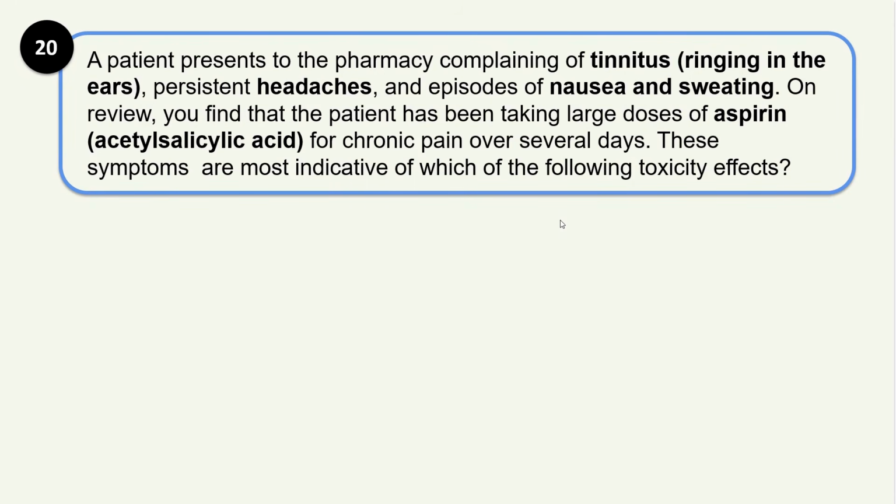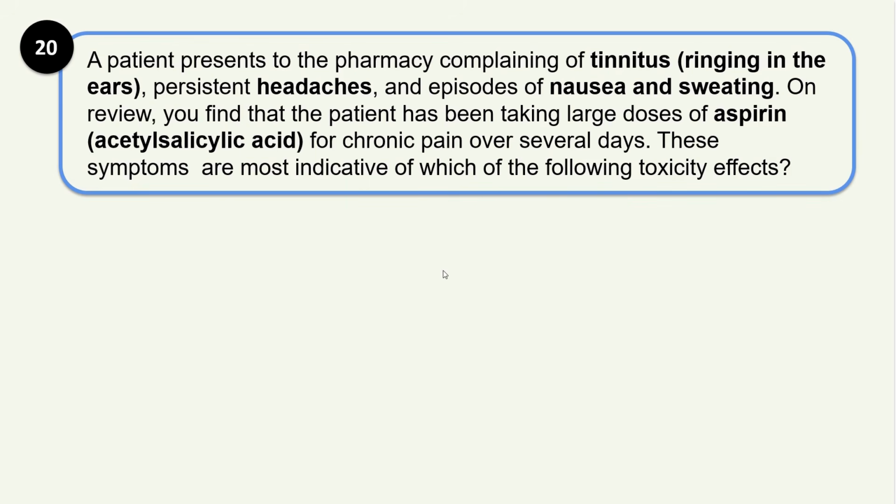Next, a patient presents to the pharmacy complaining of tinnitus, that is ringing in the ears, persistent headache, and episodes of nausea and sweating. On review, you found that the patient has been taking a large dose of aspirin for chronic pain over several days.